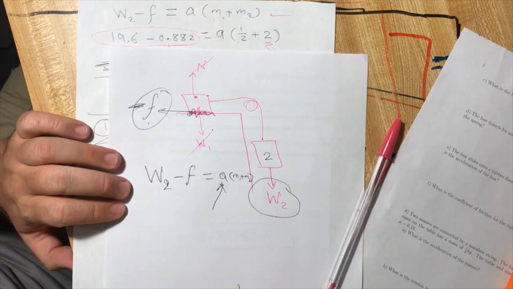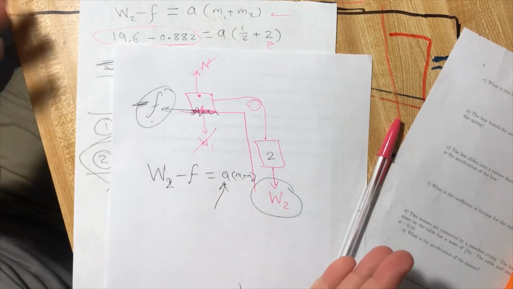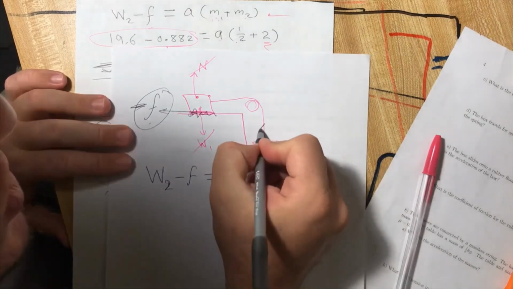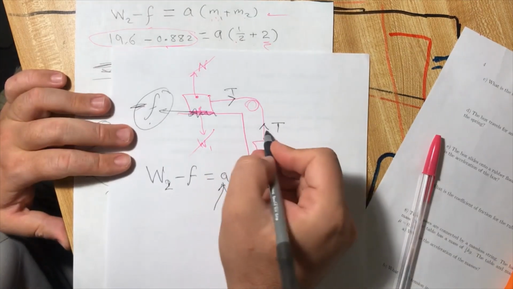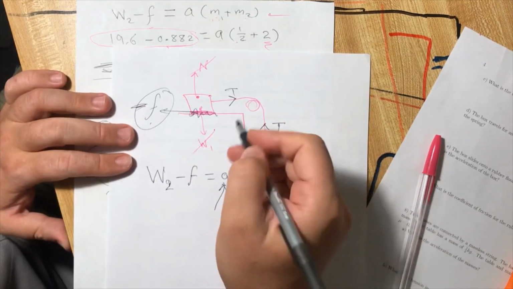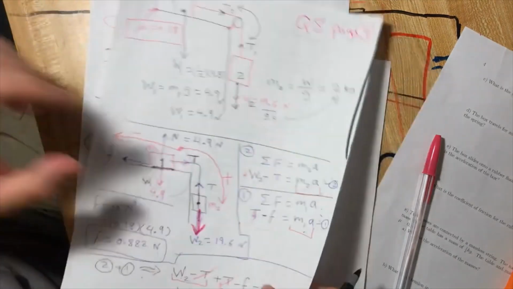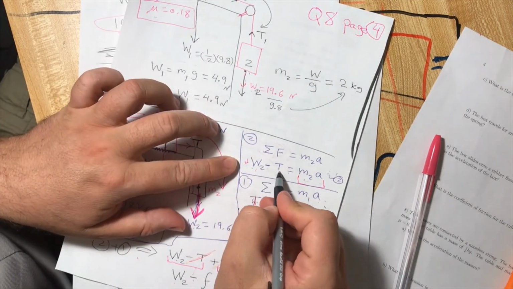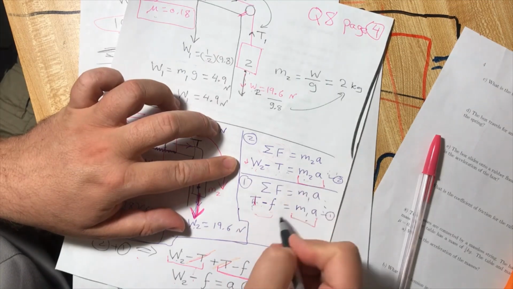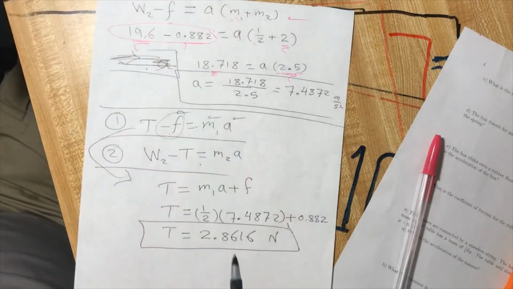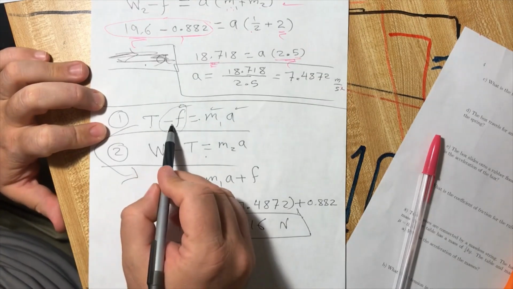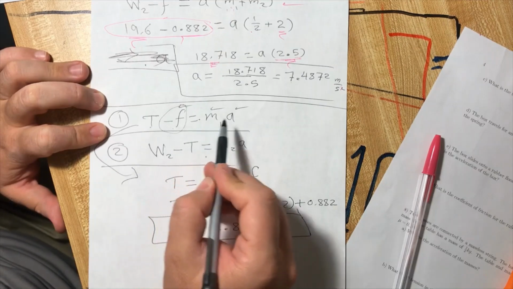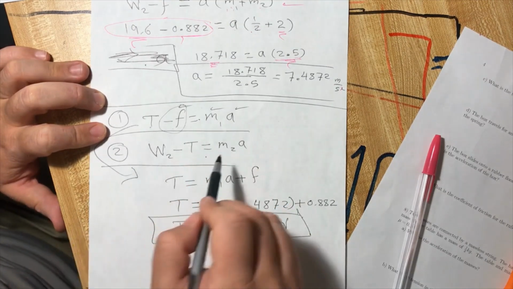Now we need to compute the internal forces, if they exist. Yes, they exist. We have the tension force here and the tension force here. They are internal forces and they cancel each other. Also, we can compute them using any one of our equations. W2 minus the tension force is equal to m2 multiplied by a, or using the other one: tension force minus the friction force is equal to the first body mass multiplied by the acceleration, which is the same for both.